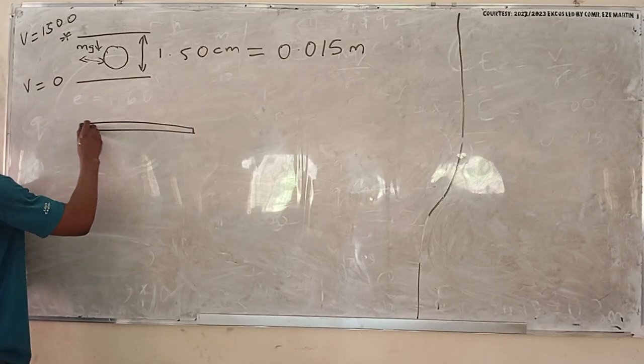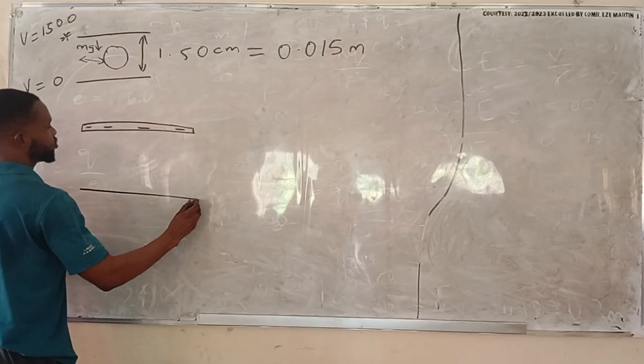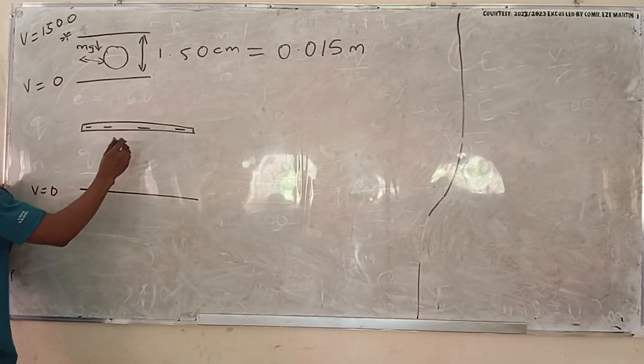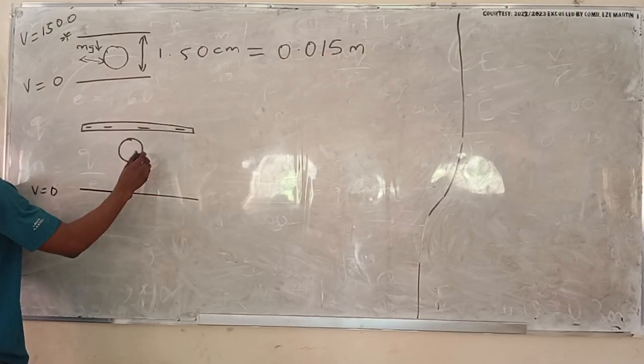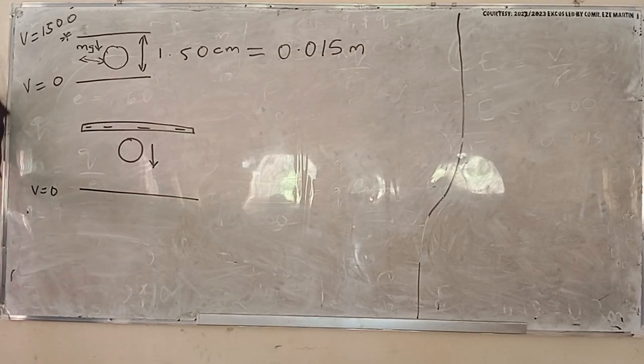Let's say this is the plate, minus, minus, minus. This one is empty, I don't know anything about it. But this thing now is moving down, no longer stationary. It's now moving down. I didn't hear you. The V is 1.5.